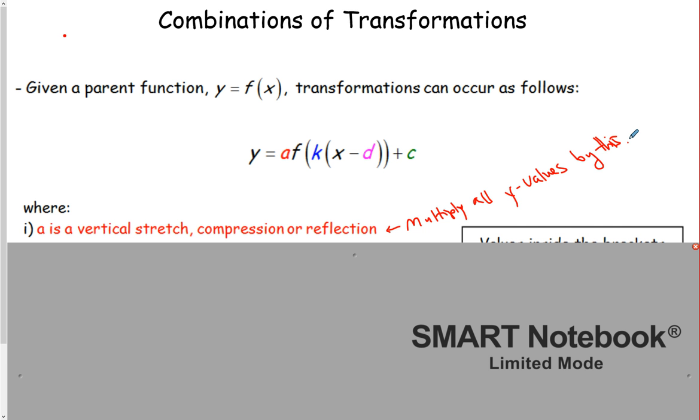So whatever our A value is, we're going to multiply all of our y values by that. That could stretch it or compress it, depending on what A was. Or if A was negative, it would reflect it.